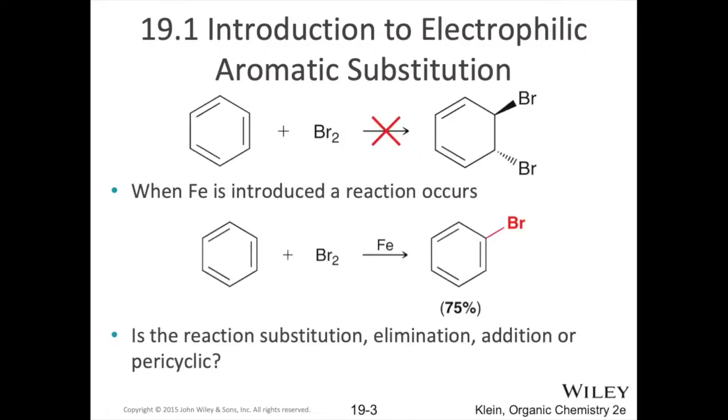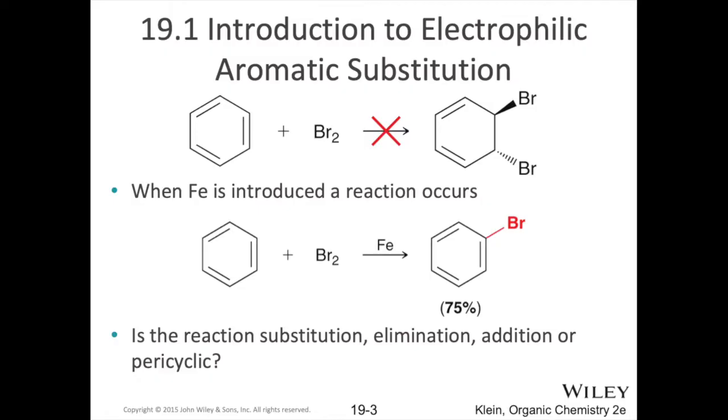Okay. So while we can't do a halogenation reaction to make the dibromo product across one of the double bonds, if we add in some iron, we can swap out one of the hydrogens on our benzene for a bromine. Okay, so please note that the reaction on the top there, where we add a bromine molecule across the double bond to make that dibromo product, that's an addition reaction, right?